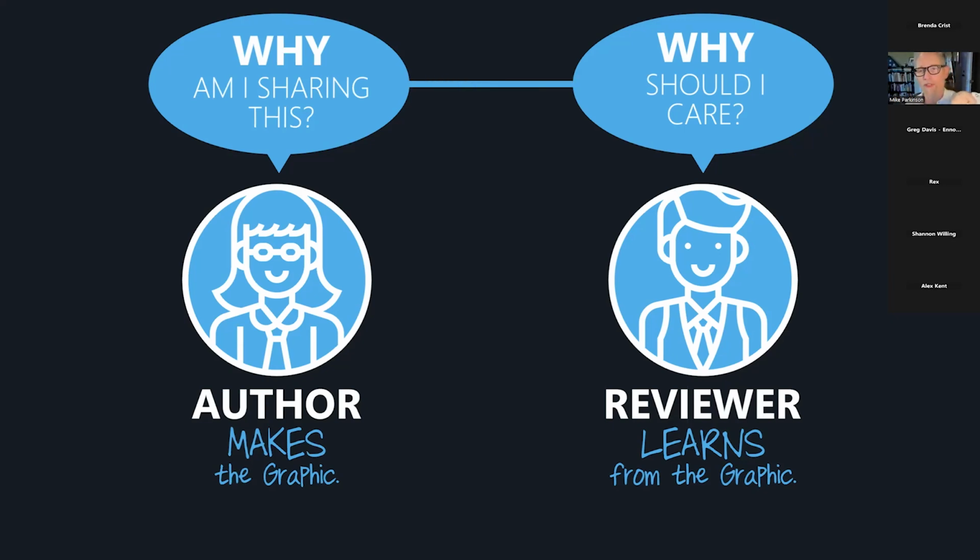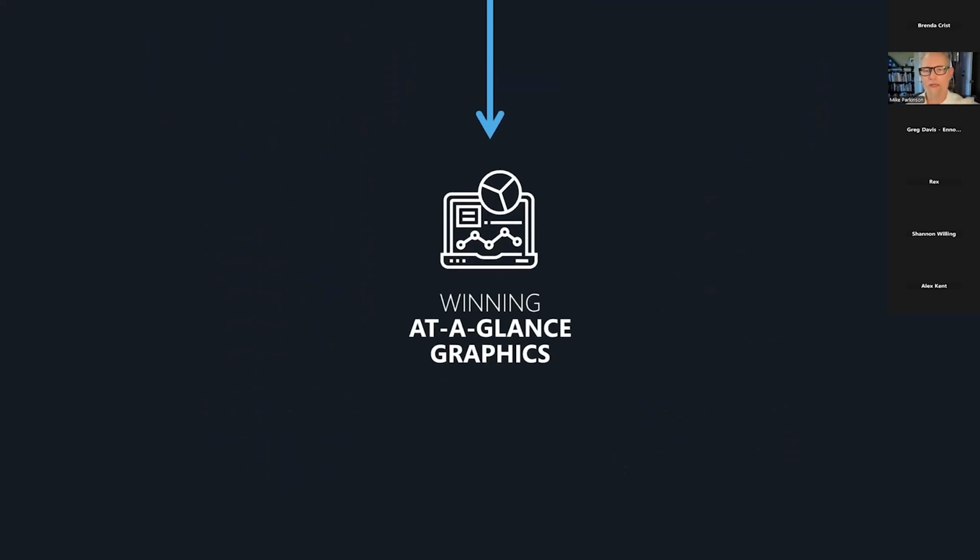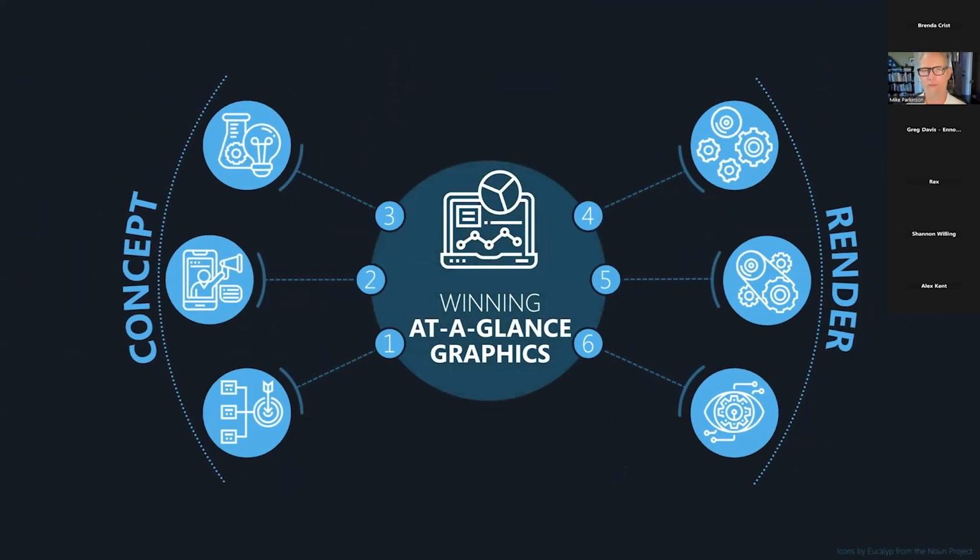So those two perspectives put together give us what we need to create winning at-a-glance proposal graphics. The process that we're going to use is broken into two phases, conceptualization and rendering. Conceptualization is coming up with the concept, the idea, the content, and rendering is actually turning it into a graphic itself.